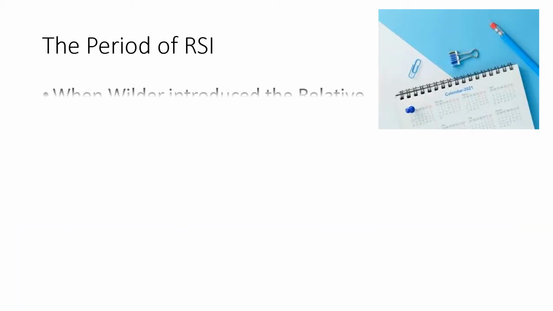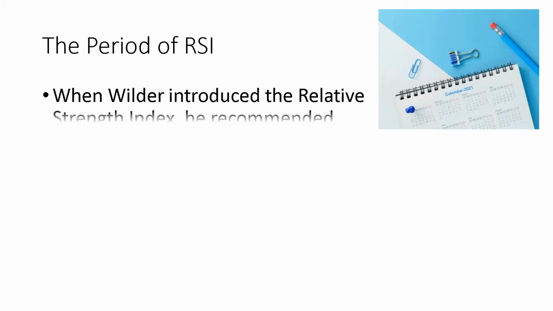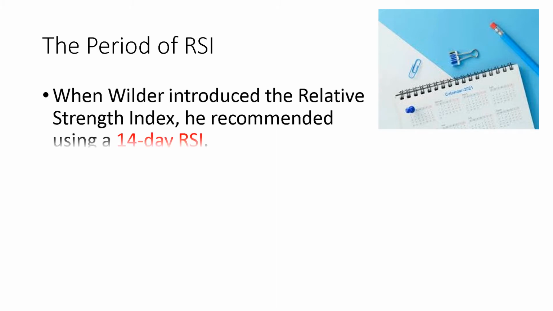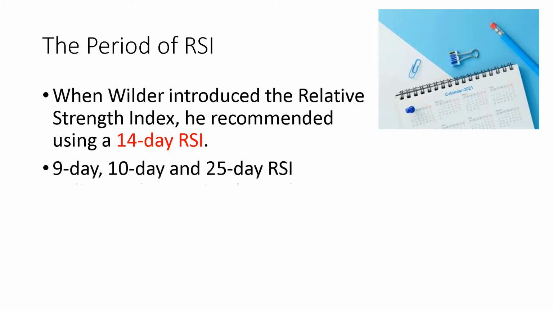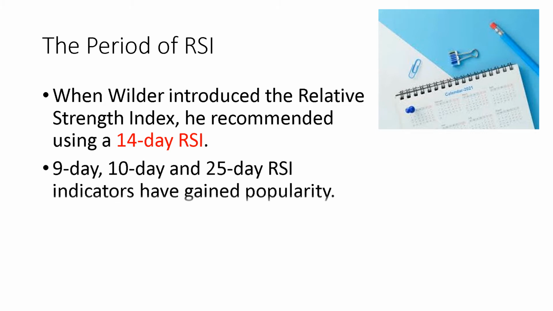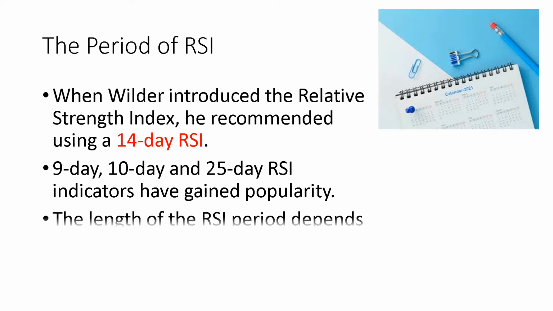When Wilder introduced the relative strength index, he recommended using a 14-day RSI, and this is widely used in many technical analysis software. Nevertheless, 9-day, 10-day, and 25-day RSI indicators have gained popularity. The length of the RSI period depends on the needs of the traders.